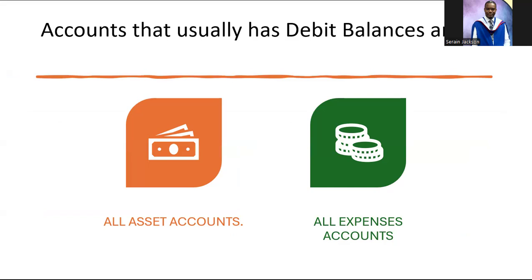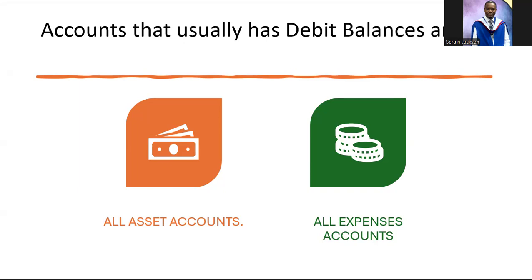In summary, the accounts that normally carry debit balances are, for example, all your asset accounts. So think about all the assets that you can have, whether current assets or fixed assets, all assets carry debit balances, with the odd exception of, let's say, the bank account.